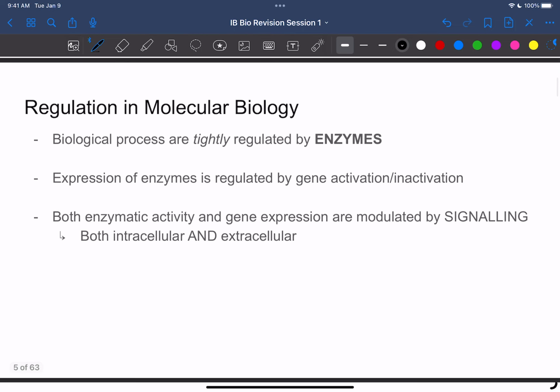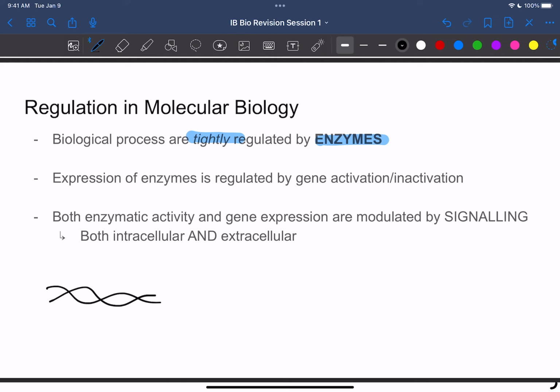Now, to briefly touch on regulation, biological processes are tightly regulated by enzymes. And we're going to get into enzymes in 2.5, but this is just an overview. Expression of enzymes is regulated through gene activation and inactivation, so you should know this from what you learned about the central dogma, and I'll just quickly draw that out.